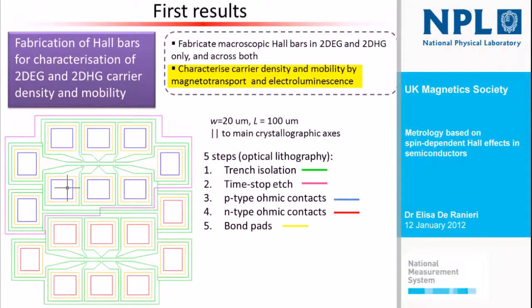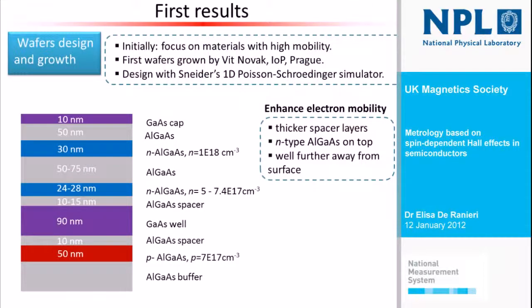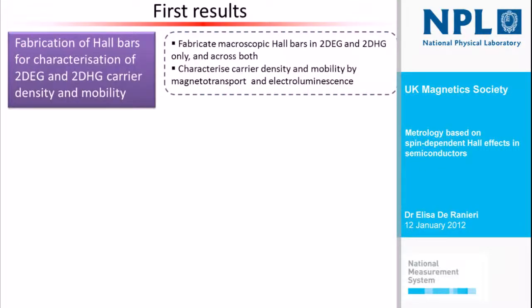So at the moment I've done just macroscopic Hall bars, 20 micron wide, and because of the new structure of the wafer with this n-doped layer on top, there are some technical difficulties now in selectively etching away all these layers up to the quantum well, because the aluminum content in this layer is not high enough to allow a selective etching with HF.